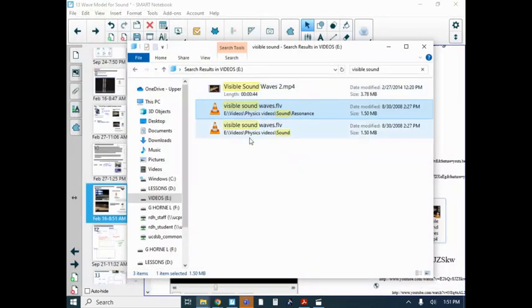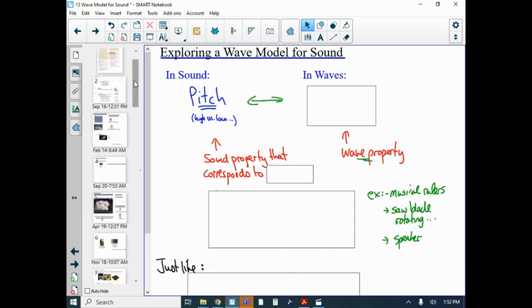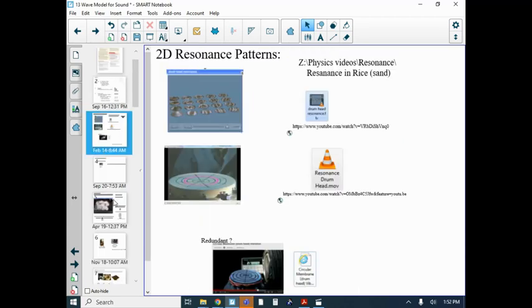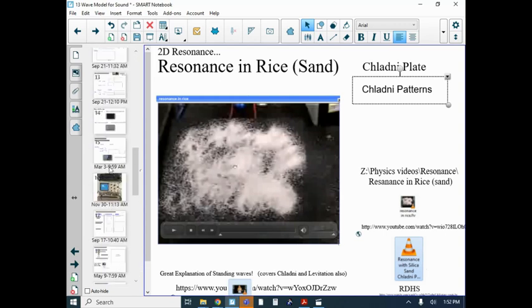So same idea, and you can hear the different sounds that are making the pattern. Kind of weird sounds, but you can definitely see the patterns emerge as the different sounds are changed, kind of like the rice plate, right? The Chladni plates thing. As the sounds change, you can sort of see what's going on to make that sound.